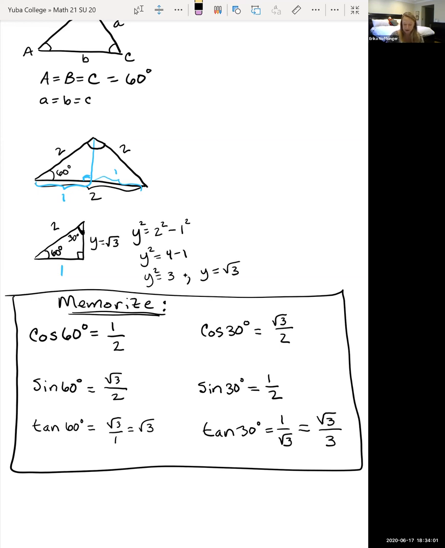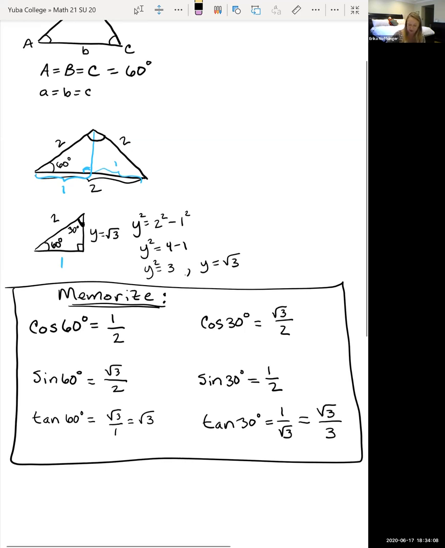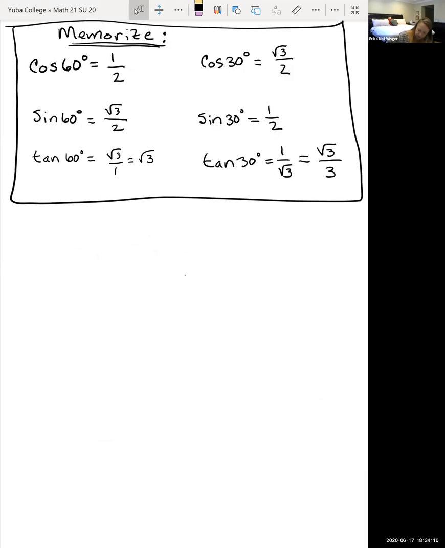The other angle that's really important to know is 45 degrees. So let's look at a triangle that has a 45 degree angle.